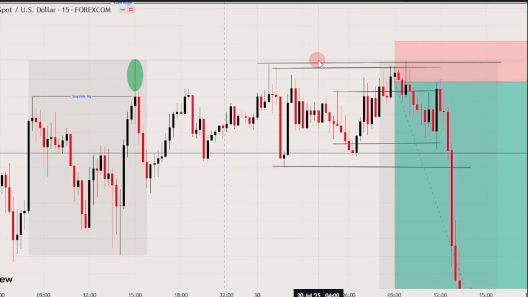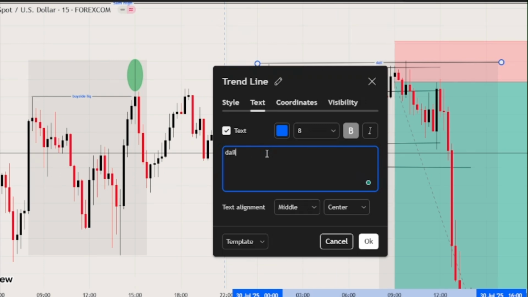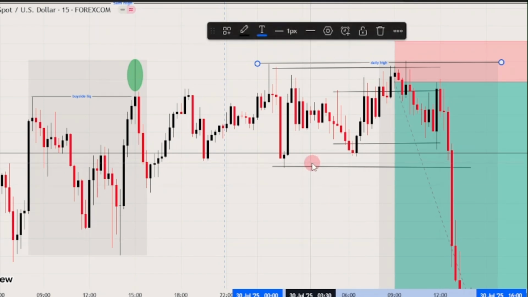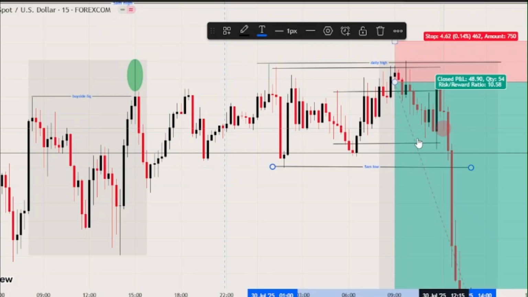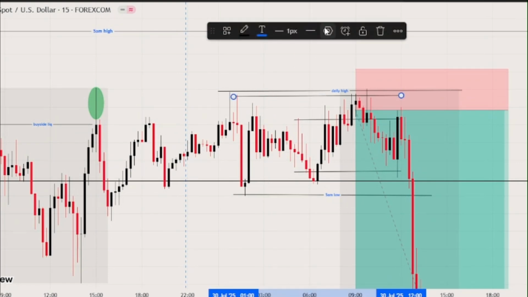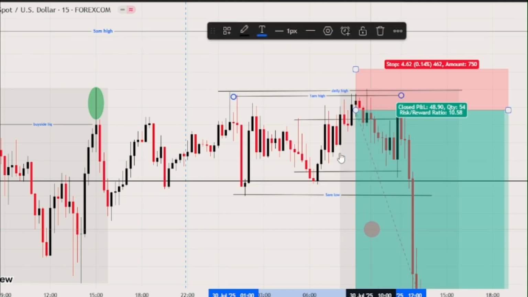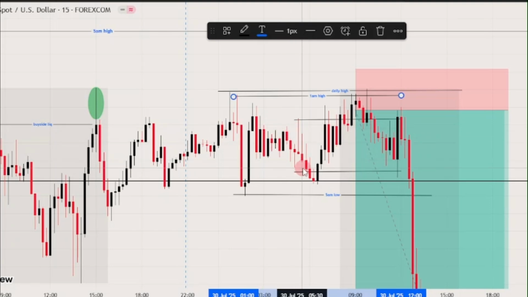We have the daily high. That is the daily high at the time of us trading. This is the 5 a.m. low, and this was the 1 a.m. high on the 1 hour time frame. Sorry, this is the 5 a.m. high.